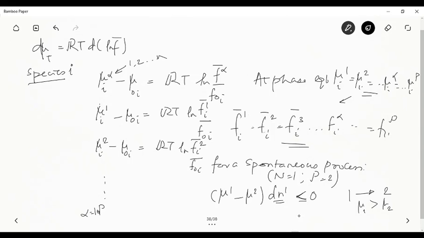If the opposite is happening, let us say 2 to 1, then dn2 is negative and dn1 is positive, so this is positive. In order to have this less than 0 condition satisfied, this has to be negative, which basically means mu2 is greater than mu1.